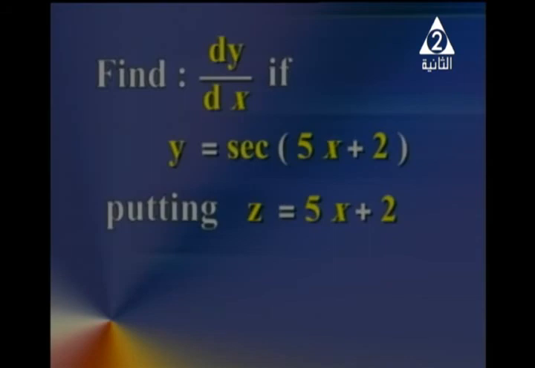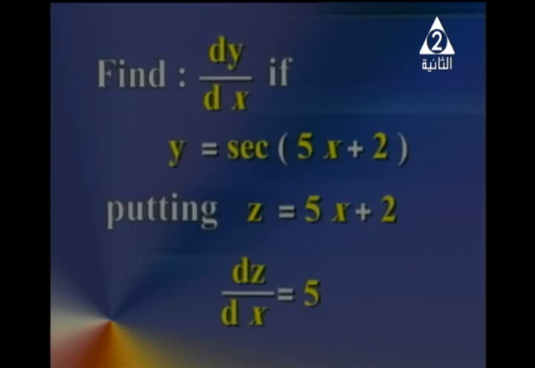After that, we find dz over dx. dz over dx equals what? 5. Why? Because the derivative of 5x is 5. What is the derivative of the 2? 0. Why? It is constant. Remember, dear student, the derivative of a constant is 0, but the derivative of 5x is 5.